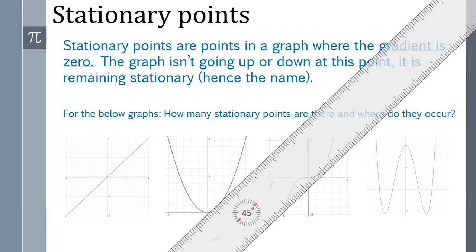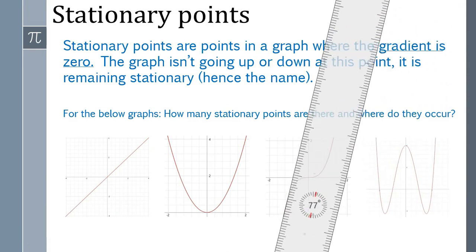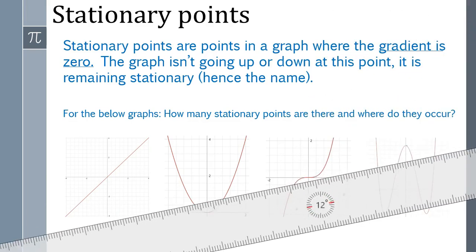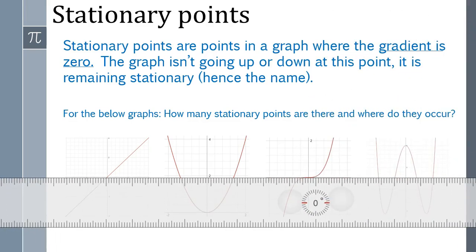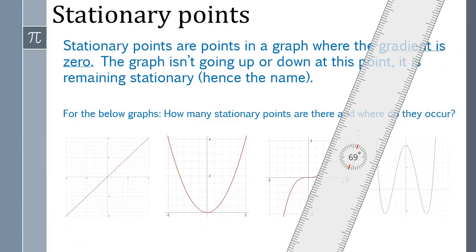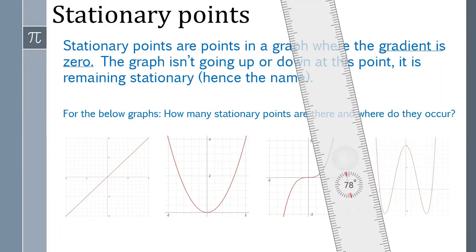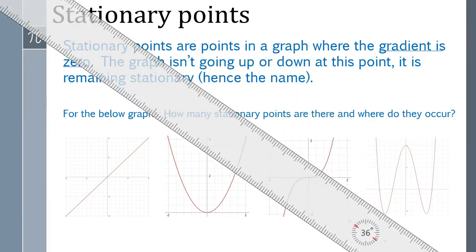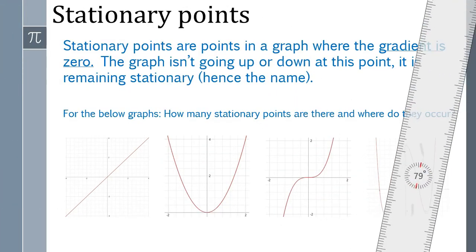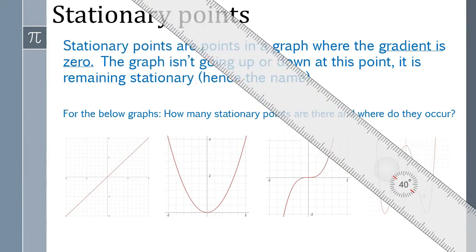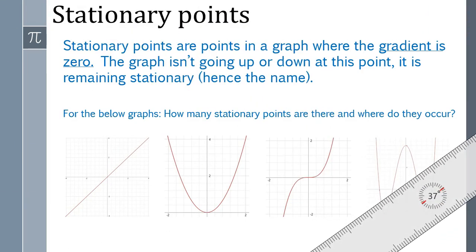Then it turns and it keeps going. Same with the cubic, goes up, turns, there's a point where the gradient is 0 and then it continues on its way. This quartic here goes negative, flattens out, goes up, flattens out, turns around, flattens out, goes up.